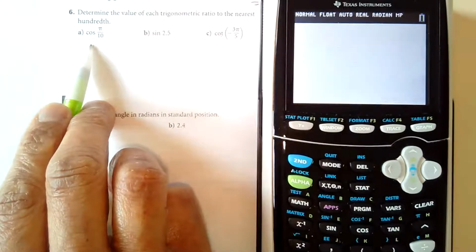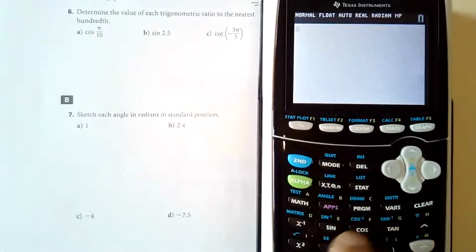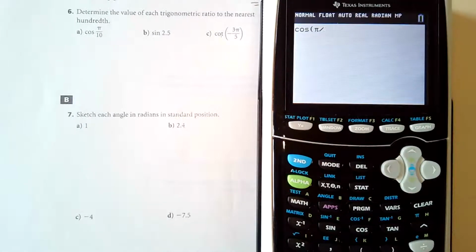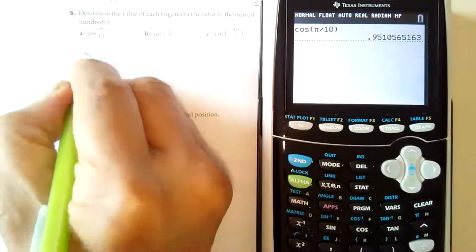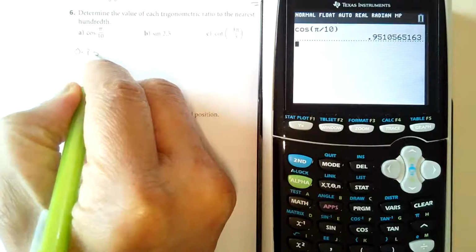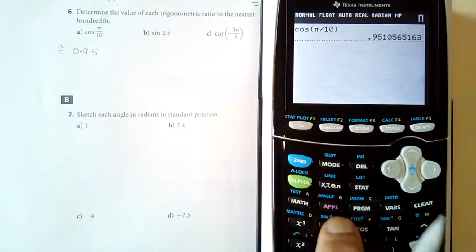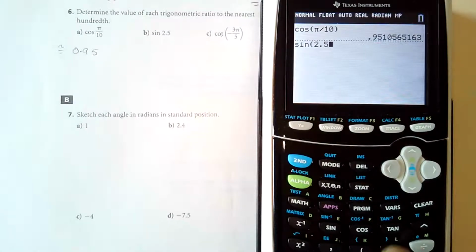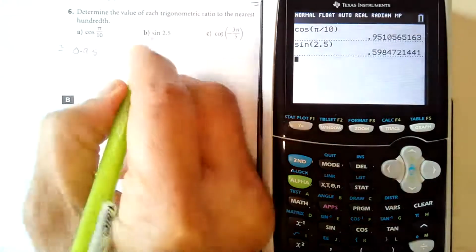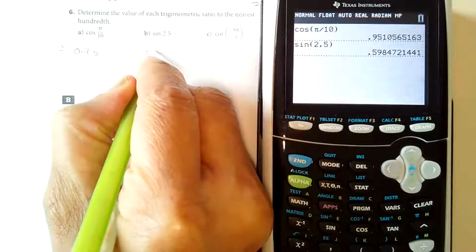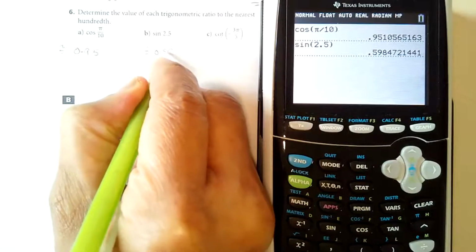I'm going to find cos. So whatever you do for this case, you press your cos button and pi divided by 10, gives a result of 0.95, approximately. So we do sine 2.5, approximately 0.59.